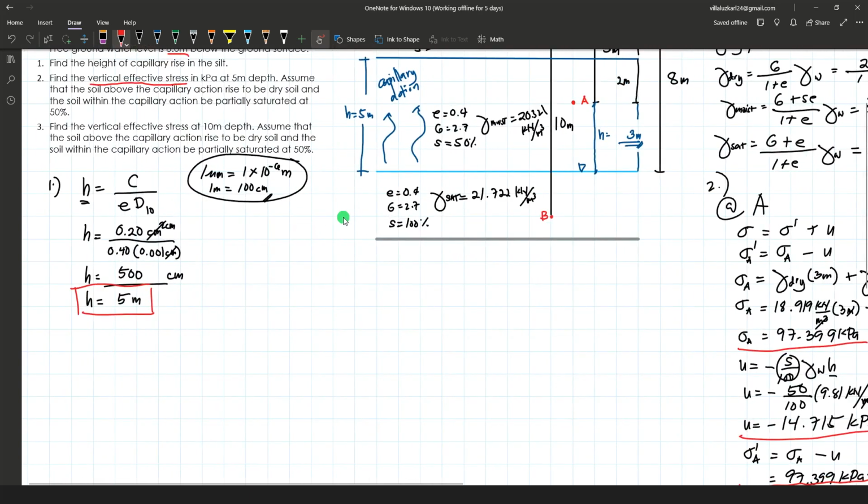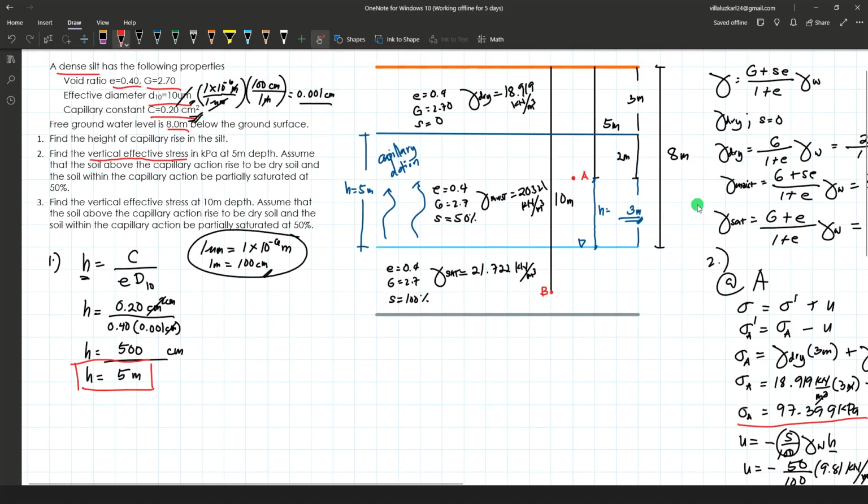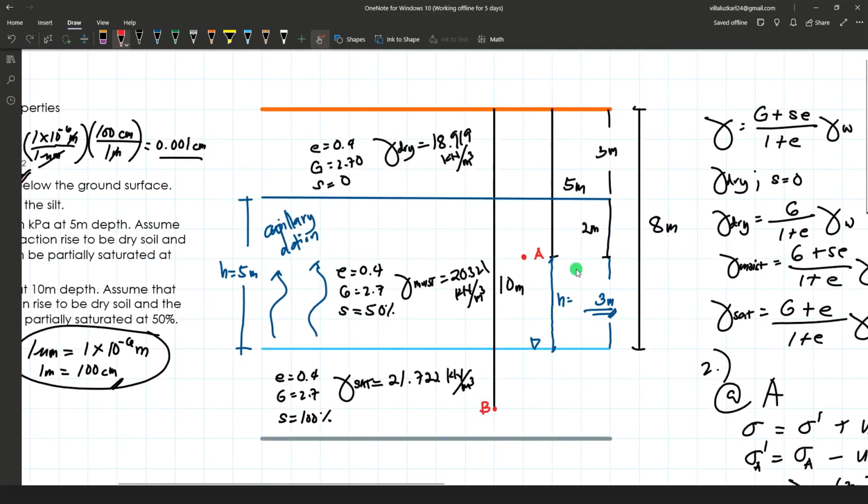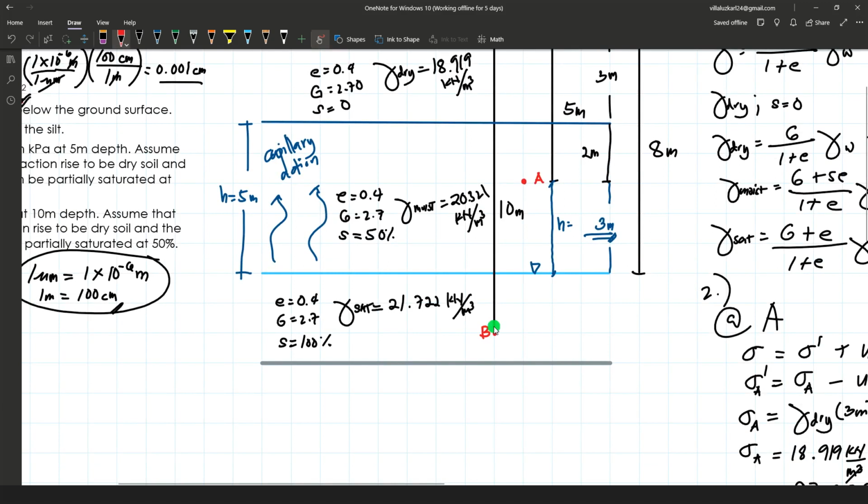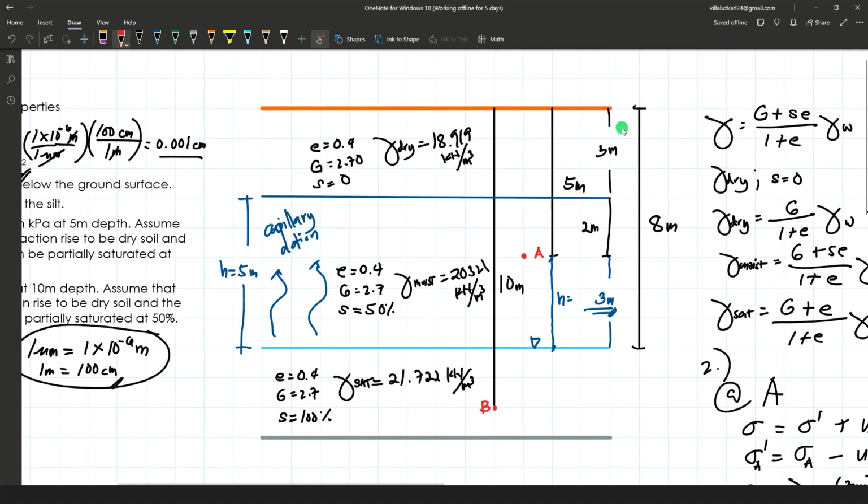For number 3, 10 meters depth. So this is point P. It means that if you have 8 meters here, we have an additional 2 meters, but it is below the water level.